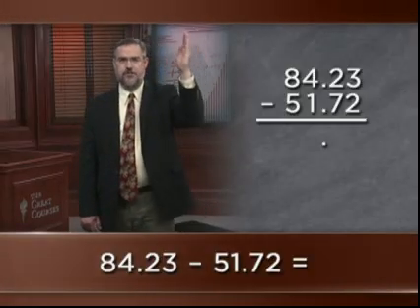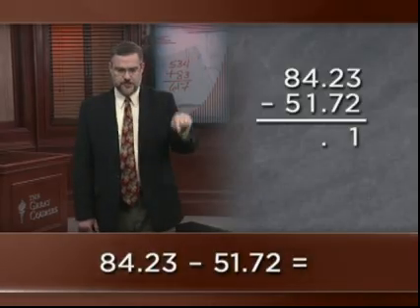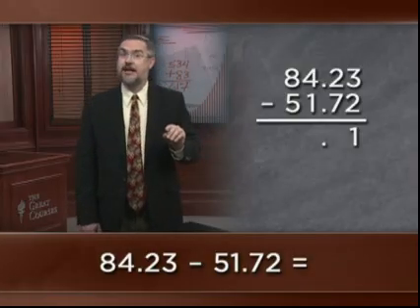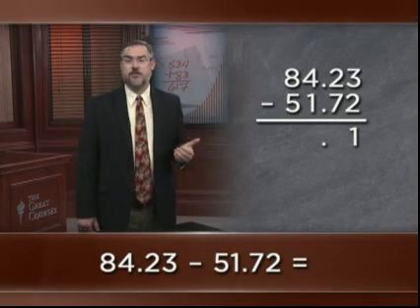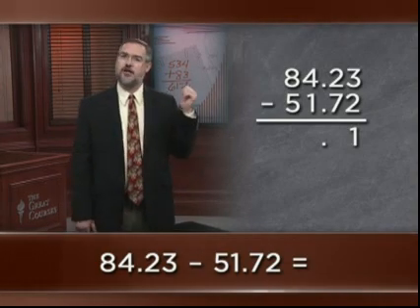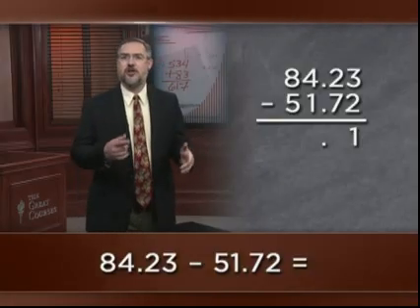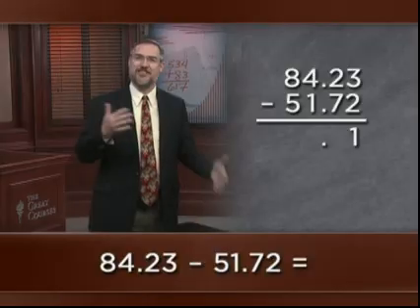So we're going to start with the 3 minus the 2. That's 1. That's easy enough done, so we put the 1 in the answer section. Next, we can't subtract 2 minus 7 from that tenths digit because the 2 is too small for the 7. So I'm going to have to borrow, just like I did with whole numbers. In fact, what we're about to do is like changing $1 into 10 dimes, if you want to think of it that way.